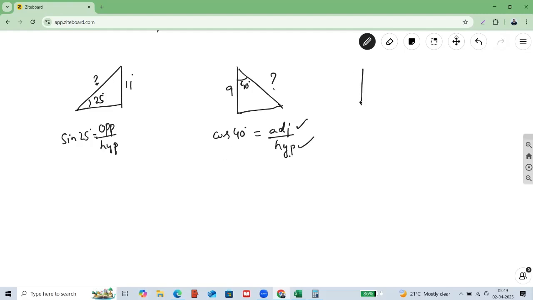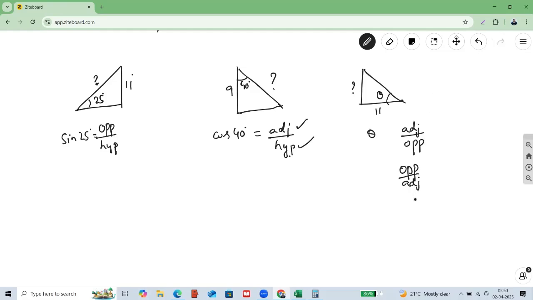Now, let's say a situation is there where theta is given here and they have given some value here, 11 or something, and I have to find out this one. Now what do I know? Theta is there, of course. I have the adjacent, and opposite is what I have to find out. Okay. Or can I do opposite by adjacent? Because there's no hypotenuse here.